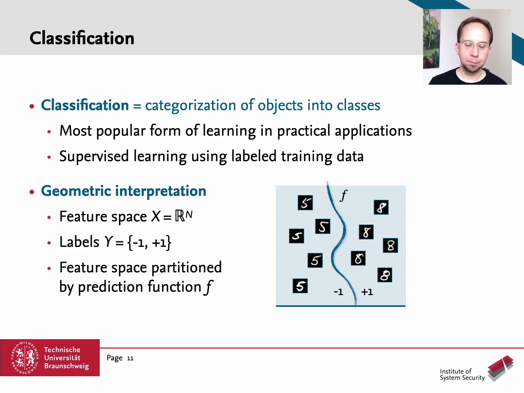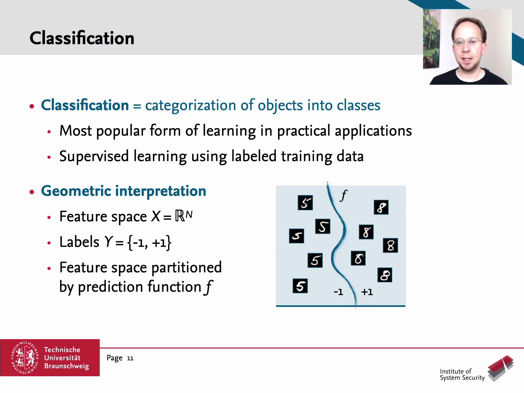It's a simplified example. Instead of looking at a multi-dimensional, high-dimensional space as typically is used in learning, we take a two-dimensional example. And we assume that in our two-dimensional world, we have these different written shapes. On one side, the 5s, and on the other side, the 8s.